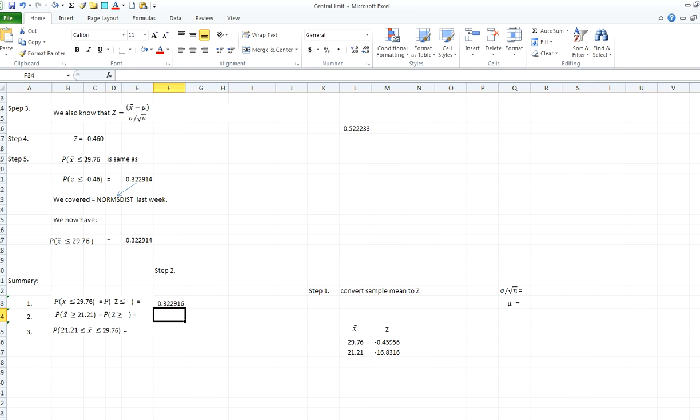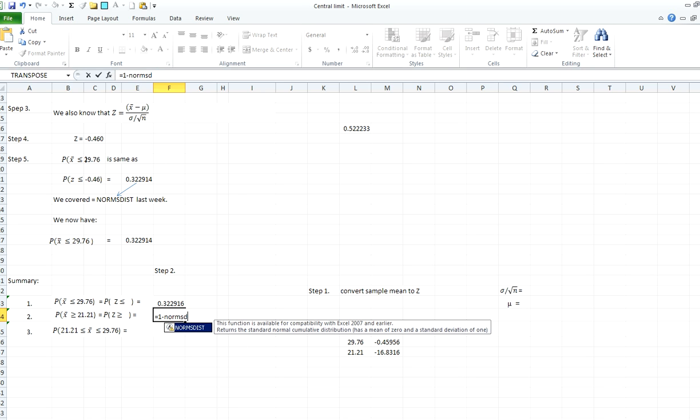Now if you want to find the greater than, you have to say equal to 1 minus the right side, the right tail probability. So 1 minus NORMSDIST, parenthesis, negative 16 point something. It seems to be a very large number. Hang on for a second, let me double check this number.